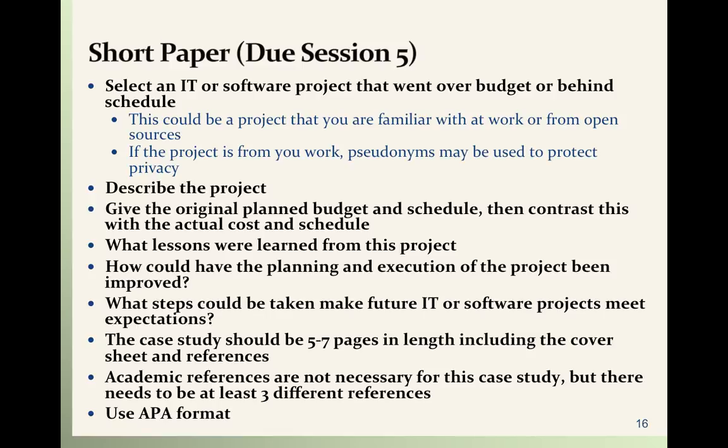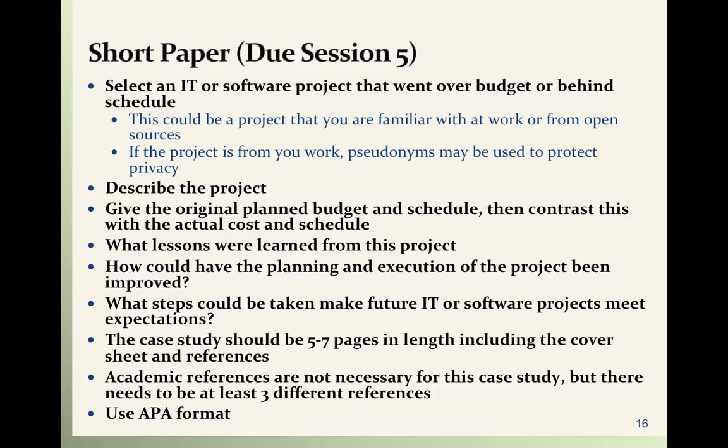There'll be a short paper. So for this short paper, you will select an IT or software project that went over budget or behind schedule. This could be a project that you're familiar with at work or from open sources. If the project is from your work, pseudonyms may be used to protect privacy.